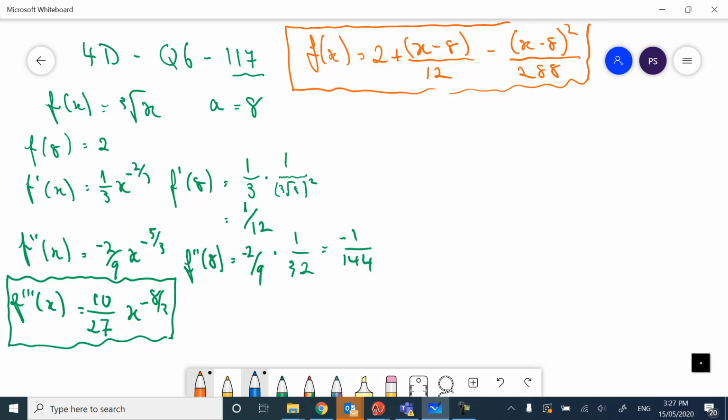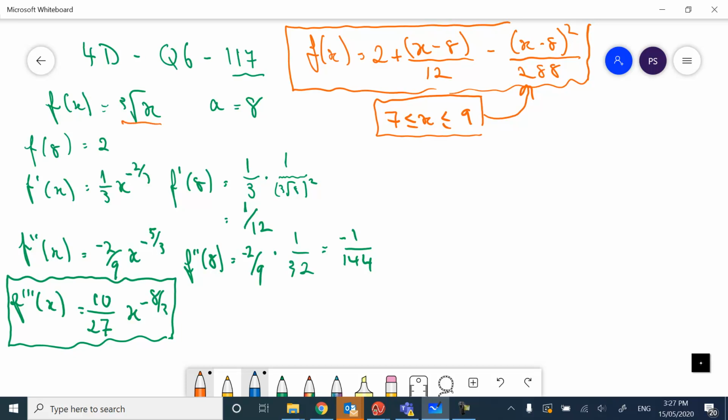What they've asked us to do in this next question is show that when we're dealing with 7 less than or equal to x less than or equal to 9, what's the largest error we're going to have in using this particular Taylor polynomial to estimate values of this function between 7 and 9.